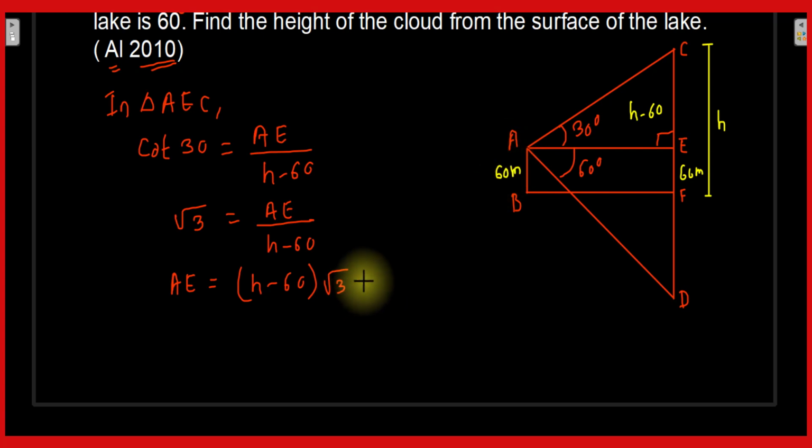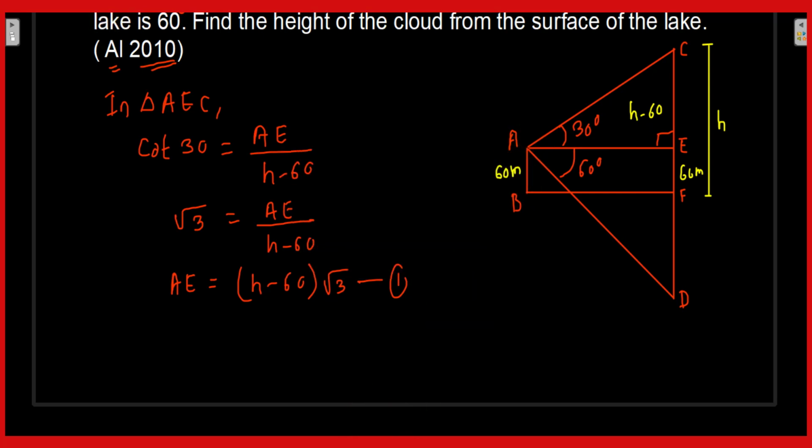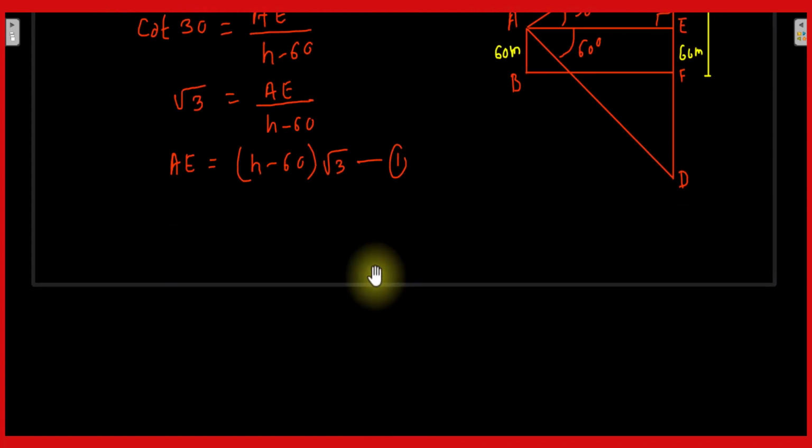Let this be number 1. So take the triangle AED. In triangle AED, cot 60 is equal to adjacent upon opposite.